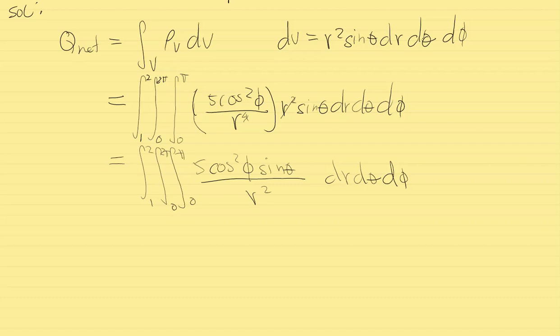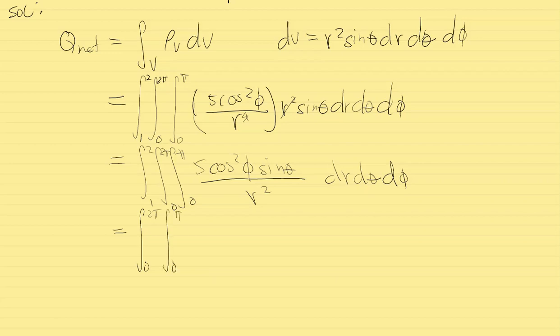Then solving the integral now, we can just solve each of the integrals manually. We first want to solve for dr. The other components here, phi and theta, should be constant, so we can put them outside the integral, with 0 to 2 pi and 0 to pi.